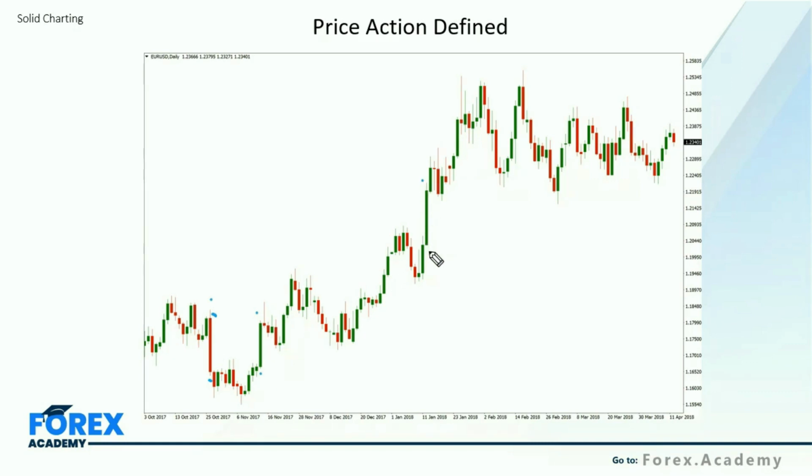And these are your larger candlesticks, both to the upside and to the downside. And that's what traders are trying to capture. They're trying to capture that volume-based movement in advance of that particular breakout.